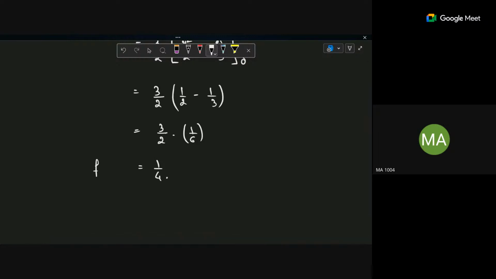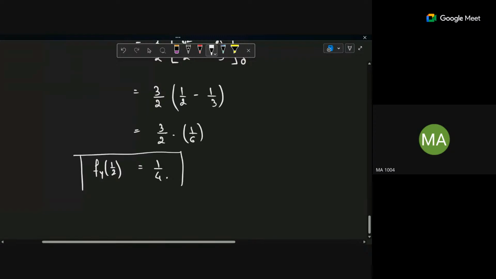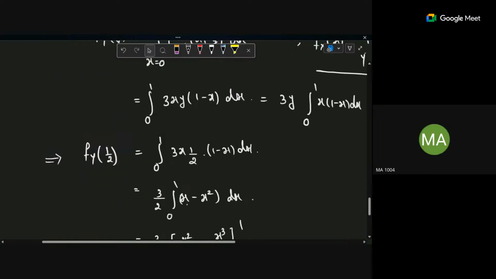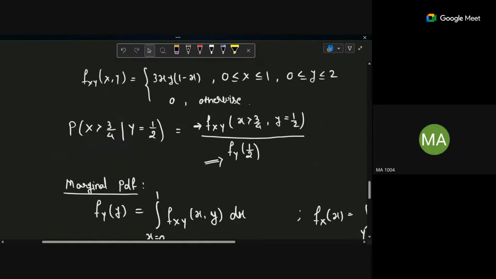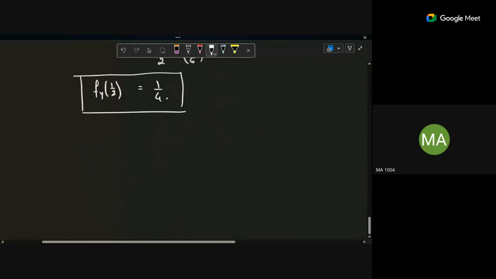This is your f_Y of 1/2. Now you need one more thing to calculate the conditional probability: the joint PDF of x greater than 3/4 and y equal to 1/2. So f of x taking values greater than 3/4 and y taking value 1/2.